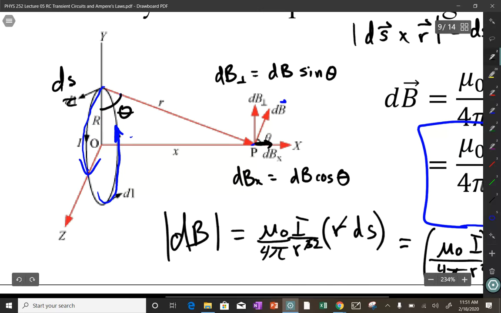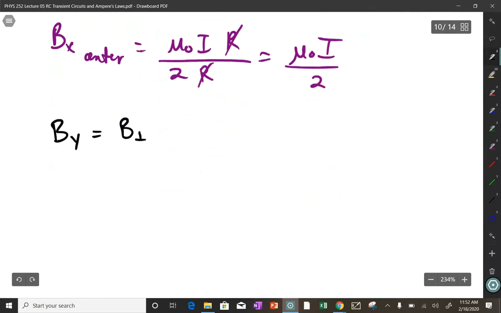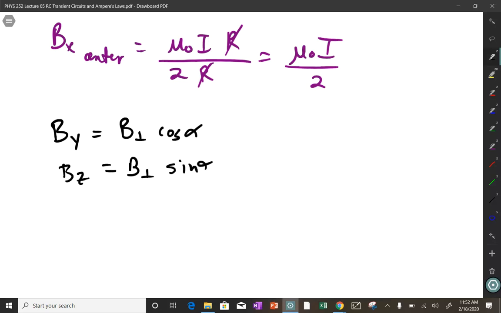We'll do an angle alpha that starts at the y-axis and goes like this. And so the By is going to be B perpendicular times cosine of alpha, and the Bz is B perpendicular times sine of alpha. That's all straightforward.